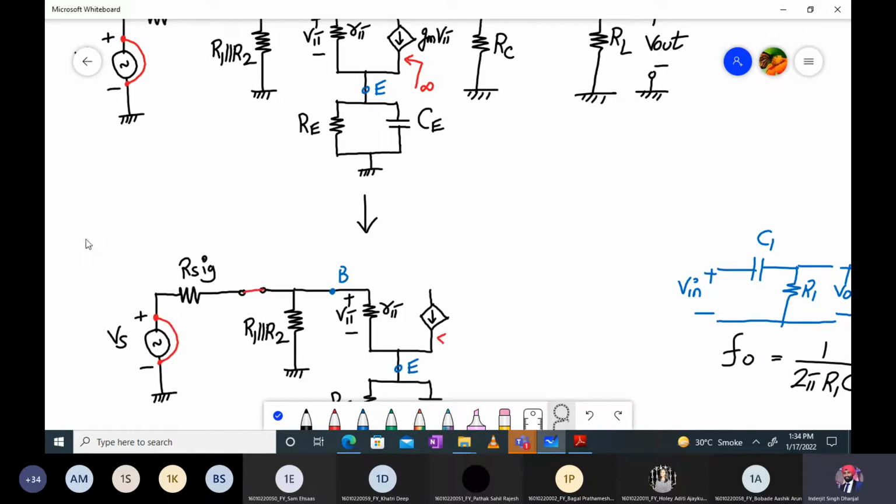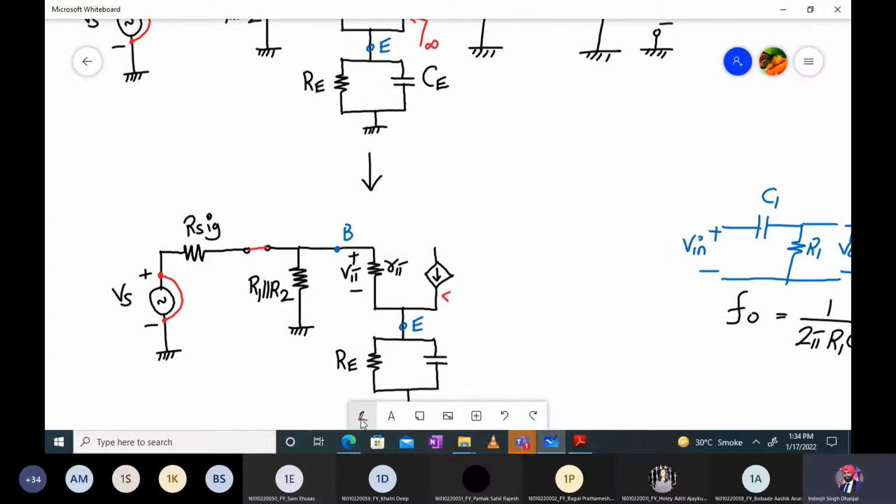So let me add that part. Now I have added it, so let me remove the part which was unnecessary. Because this was a current source, it will behave as an open circuit, so here it will be gone. Open circuit means gone, right? So this much is the circuit now.